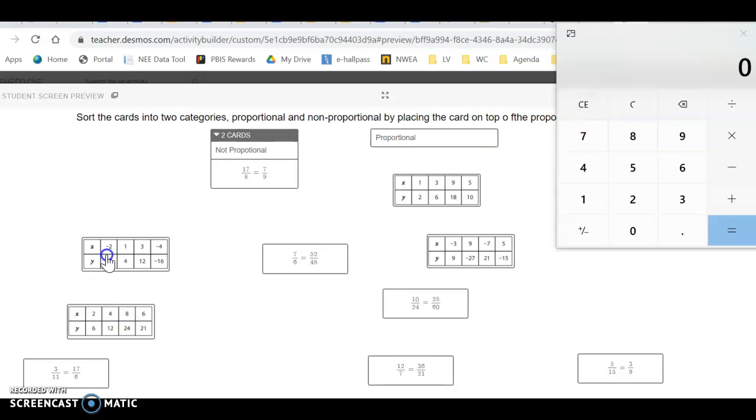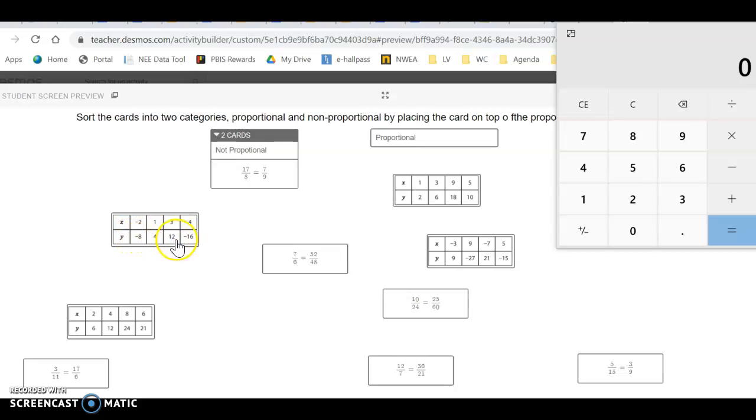For a table, you divide your y divided by x. And you're going to see if it's the same the whole way down. For example, -8 divided by -2, that's +4. 4 divided by 1 is 4. 12 divided by 3 is 4. -16 divided by -4 is +4.